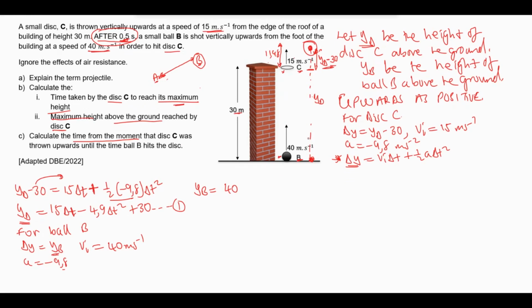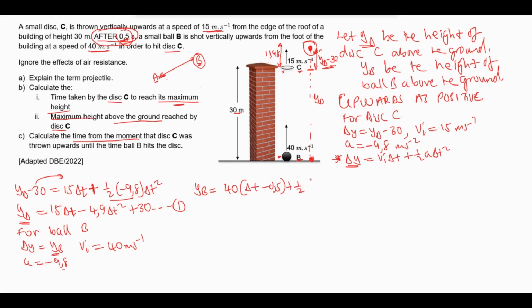It means for the ball, time is t minus 0,5 because they did not take the same time. The disc is t seconds, but the ball is not going to be t seconds because it was delayed by 0,5 seconds. So for the ball it is t minus 0,5. Delta t minus 0,5, that's our t there.